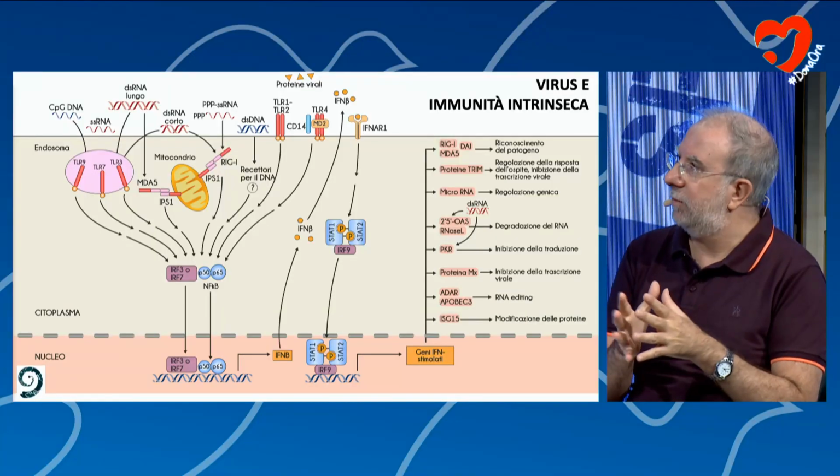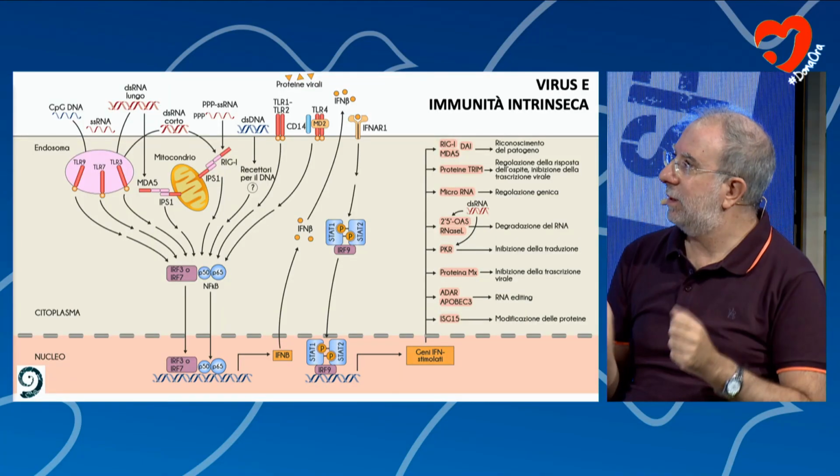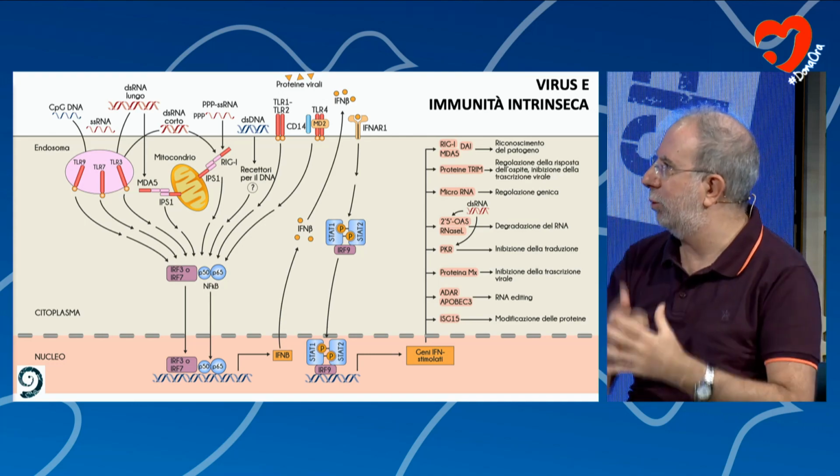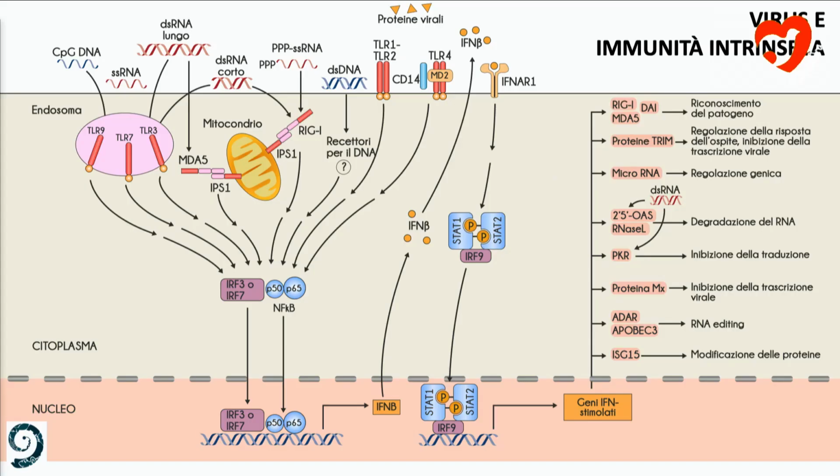And as you can see in this complex slide, there's many different ways. There's many different sentinels recognizing different portions of virus. But in the end, you can see the different sentinels converge into phosphorylation cascades, producing proteins. In these cases, they are interferons, but they can also be of other type.